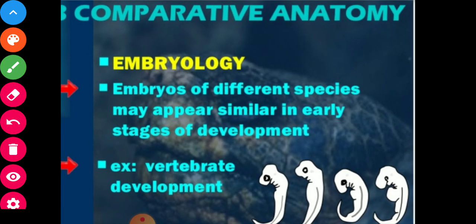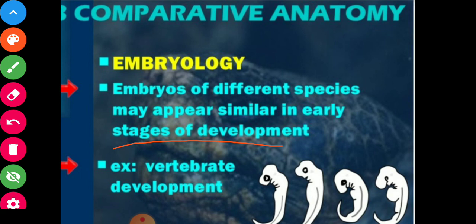Embryological comparison of species. Embryos of different species may appear similar in early stages of development. After that, they develop into different types of species and animals, but earlier in the embryonic stage, they look similar. So it shows that somewhere we have common ancestors.